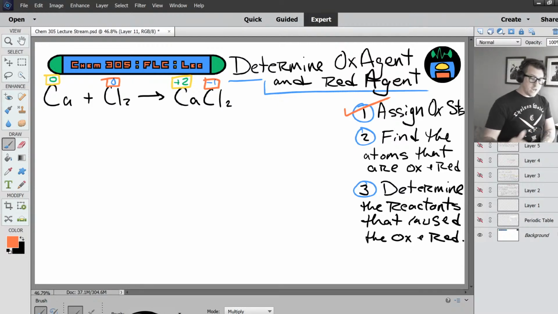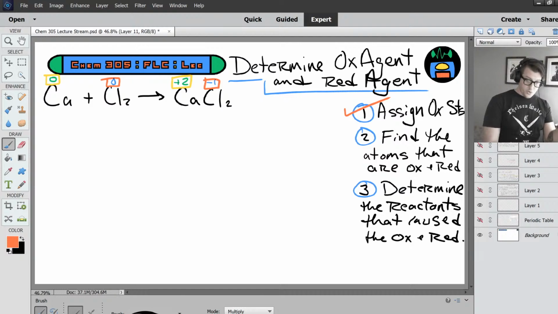Here, every species in this reaction, every reactant and product, has a total charge of 0. So for this reaction, yes, there are other times where you won't have a total charge of 0, and that's why I stated it that way. But here, because everything has no charge, the sum of all the oxidation states will add to 0. But you won't always have situations where there's total charges of 0.